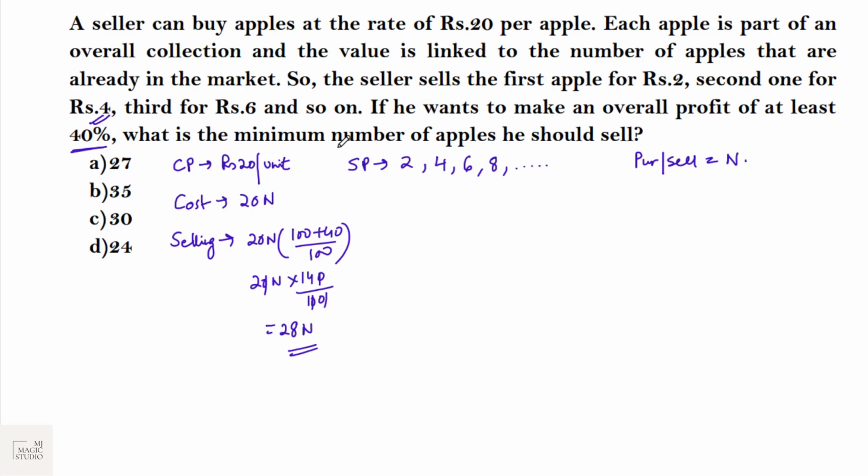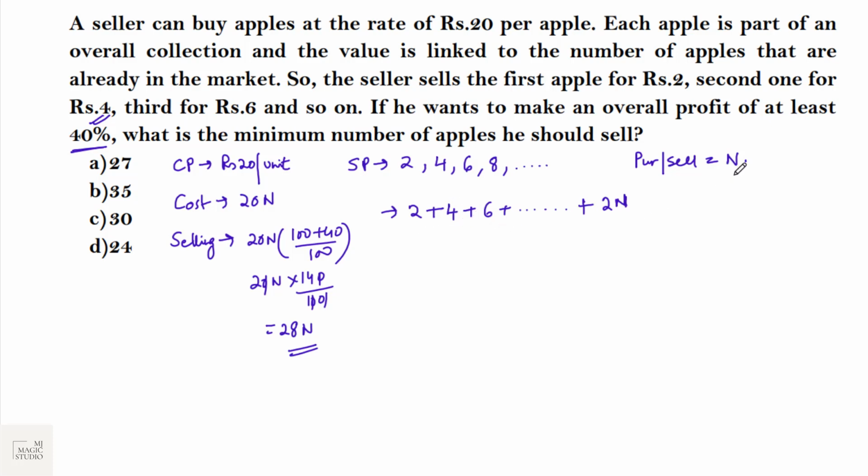Now look at the selling price side. Since he has purchased n and is selling n apples, the total revenue collected would be 2 from the first apple, plus 4 from the second, 6 from the third, till he collects 2n from the nth apple. Because from the first apple he is collecting 2 rupees, from second it is 4, from third it is 6.